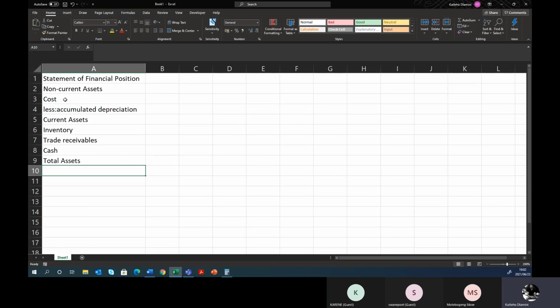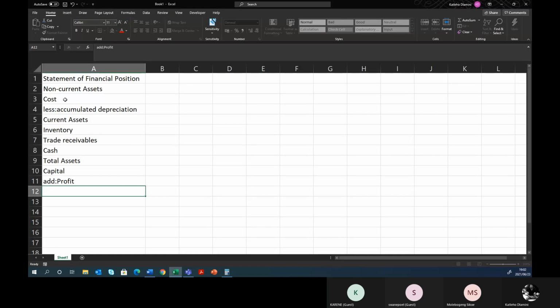Then owner's equity, you would have capital introduced, add back profit, less drawings. So usually these are split up.